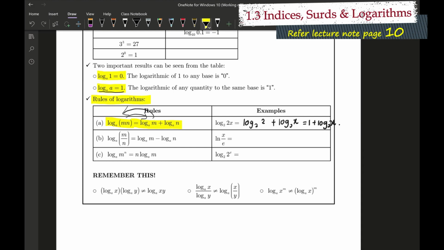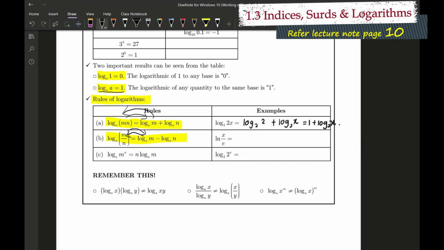Right? And that's for multiplication. We go to the law of a quotient. This is quotient, whereby log m over n base a can be written as log m base a minus log n base a and vice versa. It can be either one, depending on what is given in the question, either left becoming right or right becoming left. So here we have the example ln x over e.